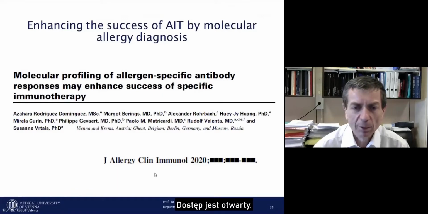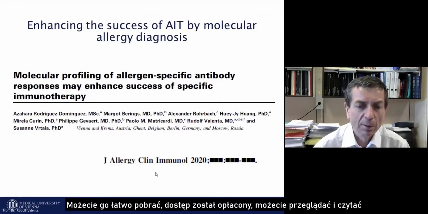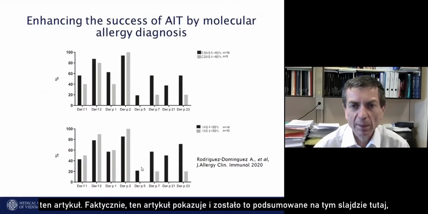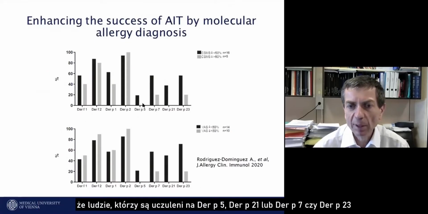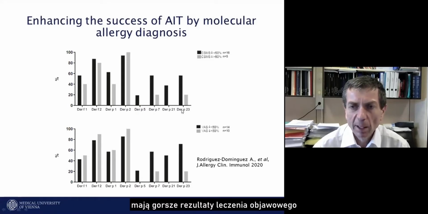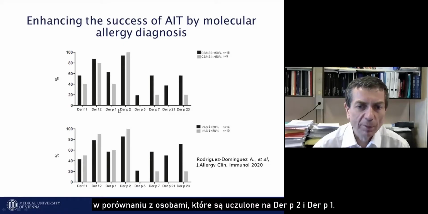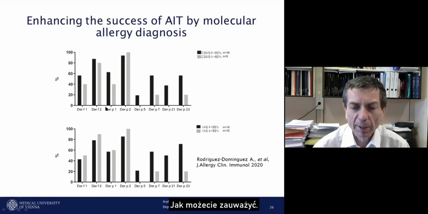It's open access, you can easily download it and read the article. And in fact, this article shows, and this is summarized in this slide here, that people who are sensitized to Der p 5, Der p 21 or Der p 7 or Der p 23 have a worse outcome in the reduction of the combined symptom medication score as compared to subjects that are positive mainly for Der p 2 and Der p 1, as you can see here.